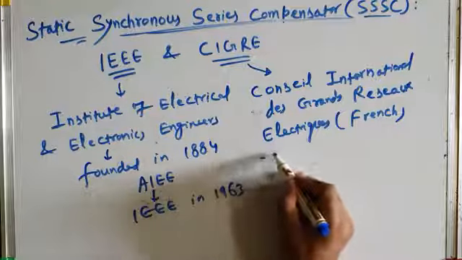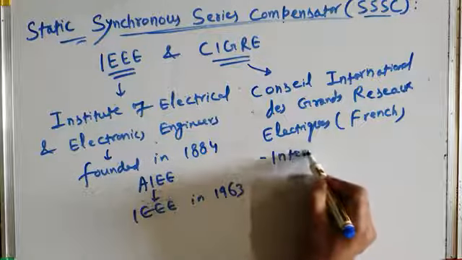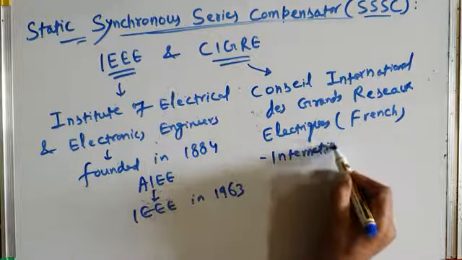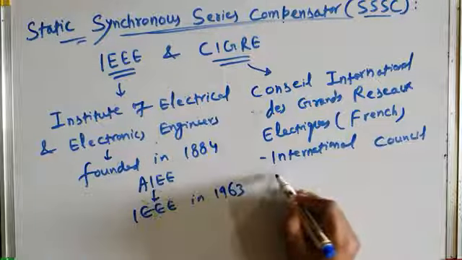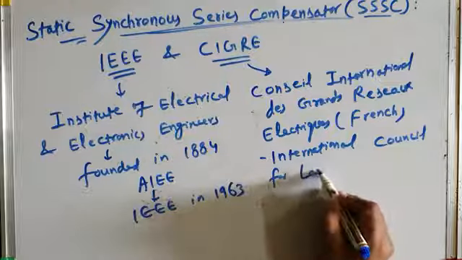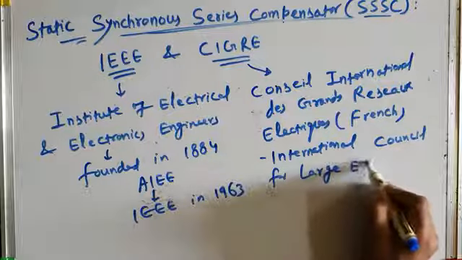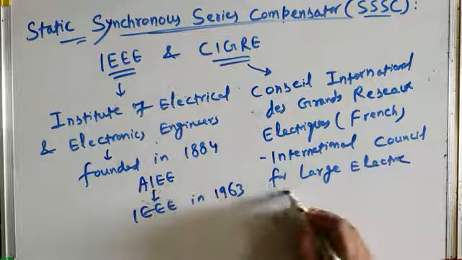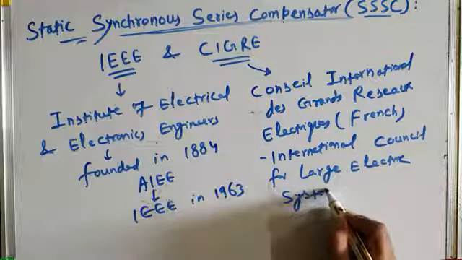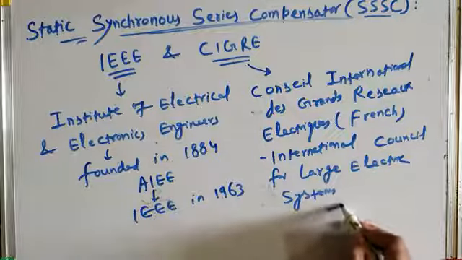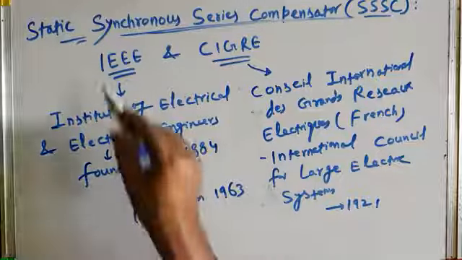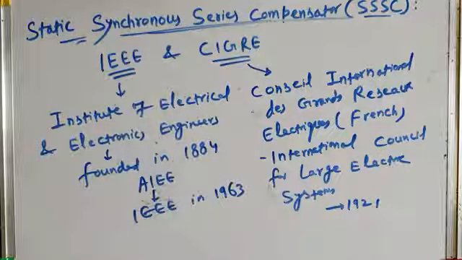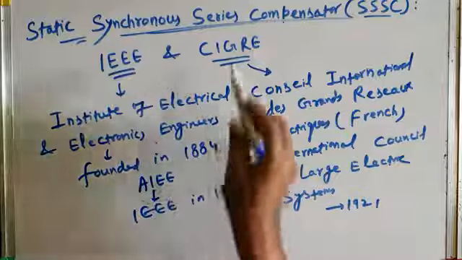Its English name is International Council on Large Electric Systems, and it was founded in the year 1921. So these are two leading organizations in electrical and electronics engineering, IEEE and CIGRE.